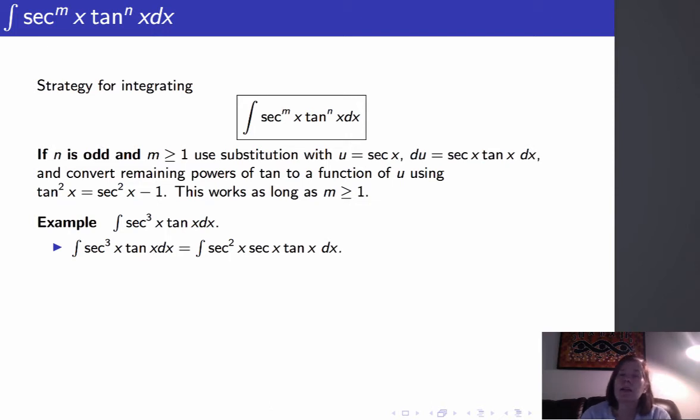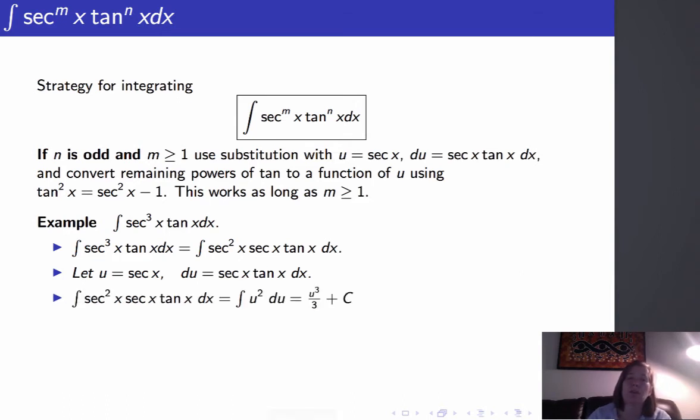Let's look at the integral of secant cubed of x times tangent of x dx. Here I claim that the substitution u equals secant of x is going to work, so I'm going to have to split away one of those secants for du, which is going to be secant of x times tangent of x dx. Letting u equal secant of x, I'm going to replace secant of x times tangent of x dx by du, and of course I'm going to replace secant squared by u squared.